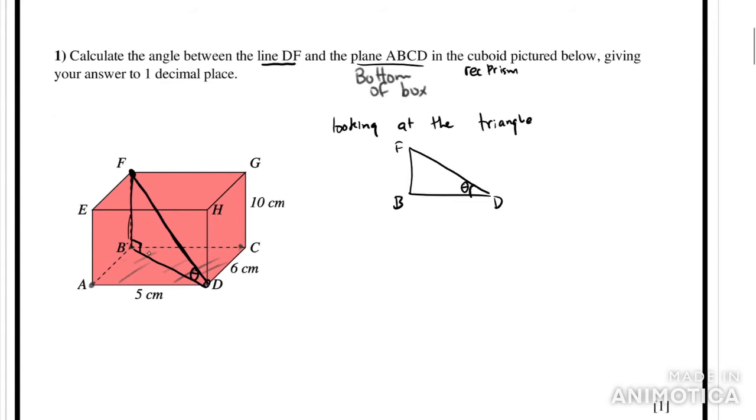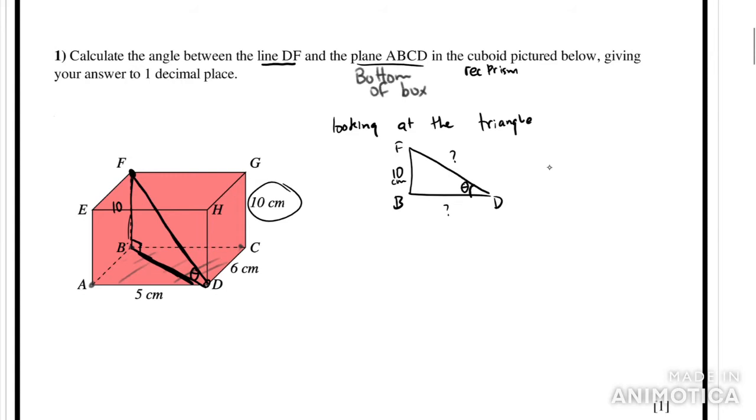So I know that this line that I've drawn here is touching the bottom of the box. And if G to C is 10, I'll also know that F to B is 10 centimeters. But otherwise, I don't actually know either of these. So currently, I don't have enough to solve.